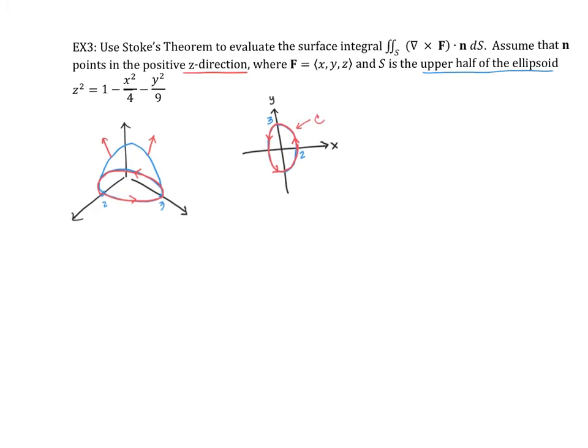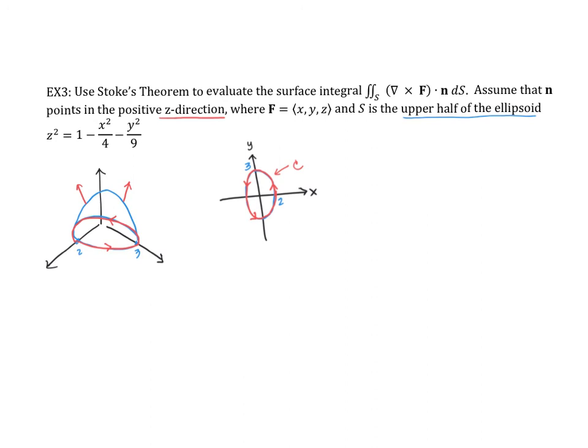So I think what I'm going to use, because it's going to be hard for me to find my normal vector, is over a region to do f dotted with r prime of t. Since I know I can define the curve in terms of r of t, which is going to be an ellipse.